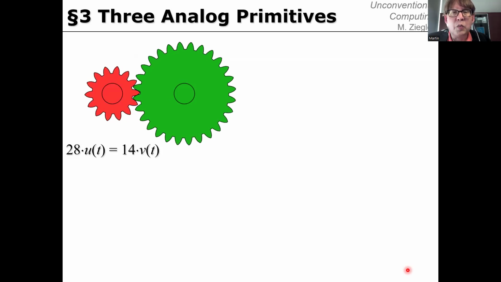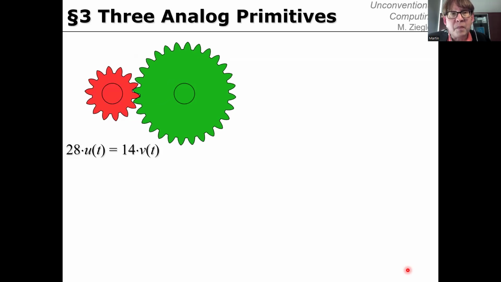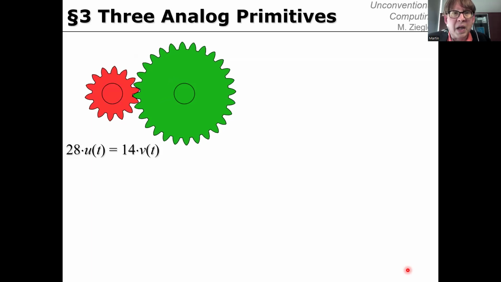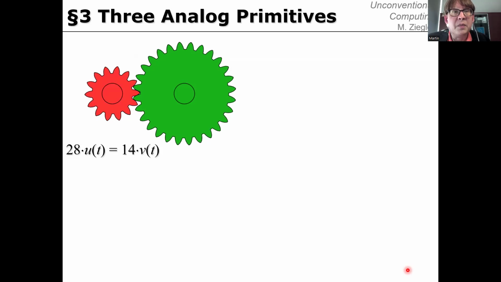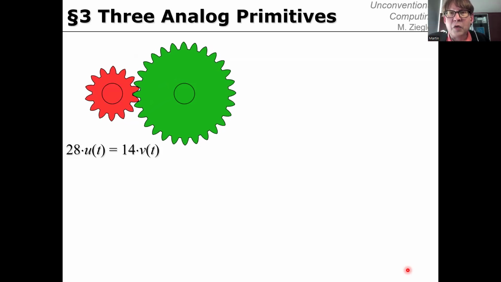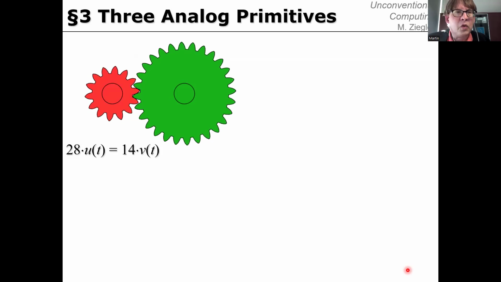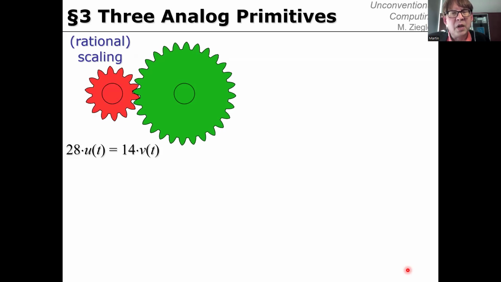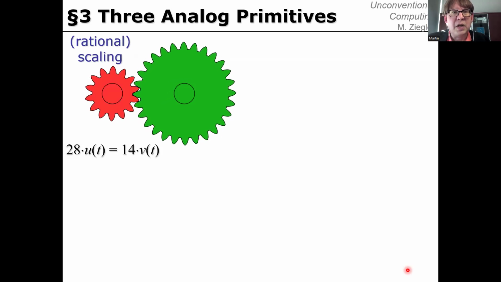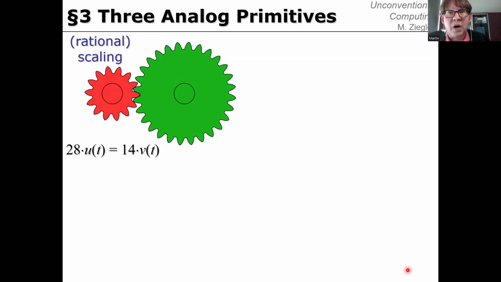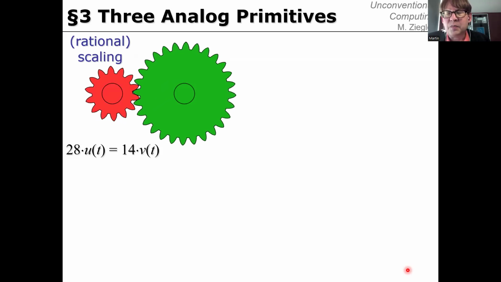So here it's 2 to 1 or 1 to 2. But if you replace 28 teeth with maybe 27, it's going to be 14 over 27, or any other ratio between the 2 rods can be created. That's the first analog primitive of the differential analyzer.